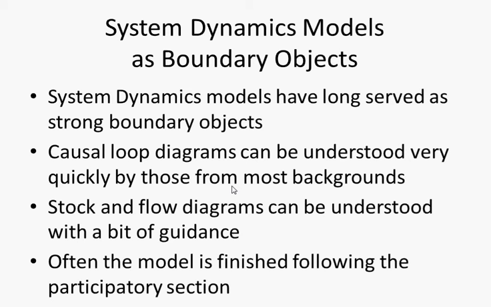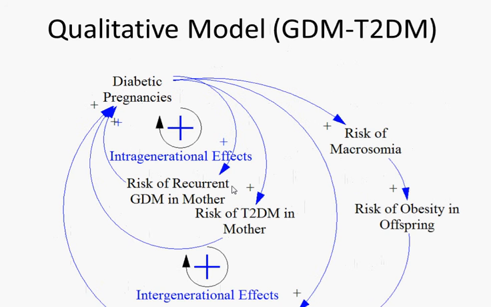So stock and flow diagrams, but particularly causal loop diagrams, can be understood by those quite quickly. So something like this, this is an early diagram created in my work with Roland Dick, a nephrologist here, who for the past few decades has worked particularly in the area of Aboriginal issues, and particularly the burden of type 2 diabetes.